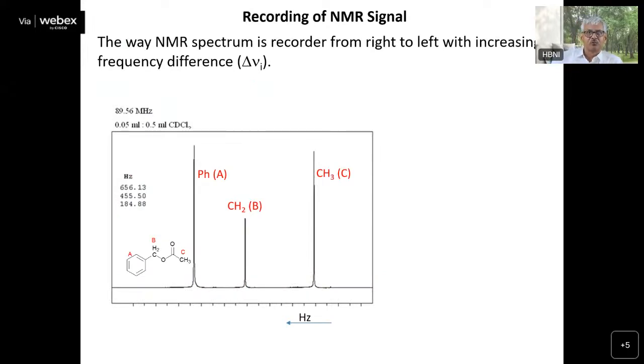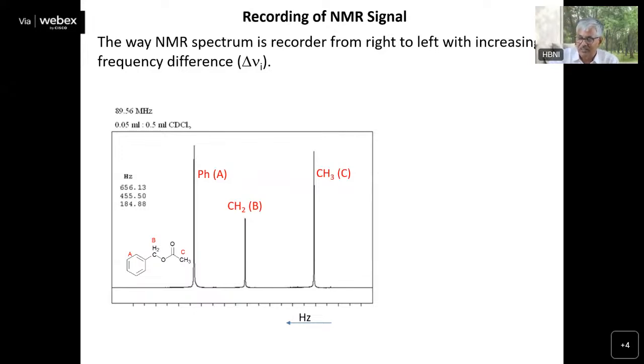Here I have shown how the NMR spectrum is recorded from left to right. We'll go to that problem later. You see again the NMR of benzyl acetate, and the peaks have been recorded with respect to nu I equals nu sample minus nu zero.